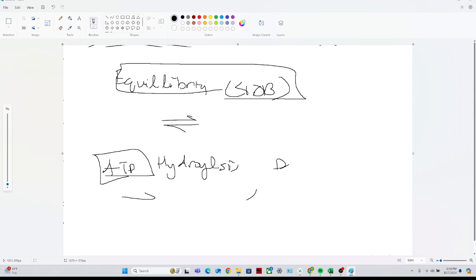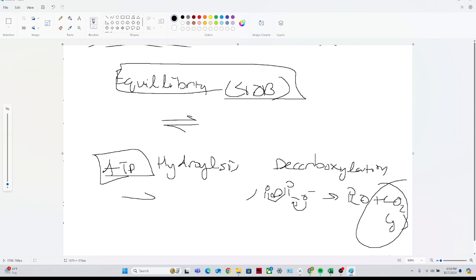What else? When you decarboxylate, decarboxylation is super stable in the body. So going from this guy, ba-boom, ba-boom, getting something like that gas of CO2, super entropically favored.